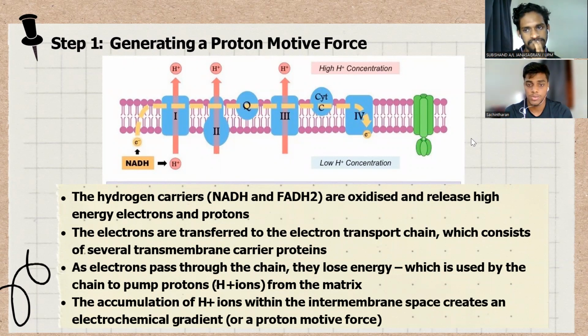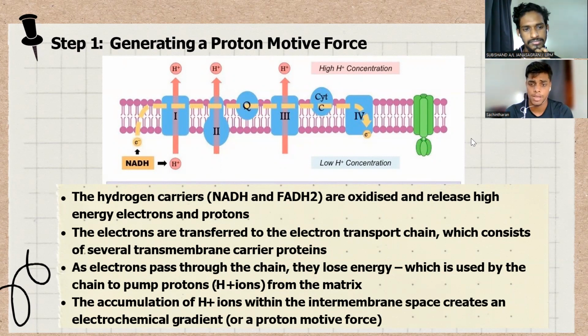Okay, so the first step is generating a proton motive force. This happens when the hydrogen carriers such as NADH and FADH2 are oxidized and release high energy electrons and protons. This happens in the Krebs cycle. Then the electrons are transferred to the electron transport chain, ETC, which consists of several transmembrane carrier proteins.